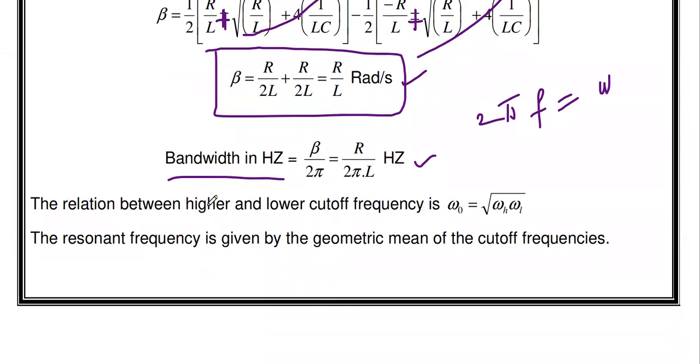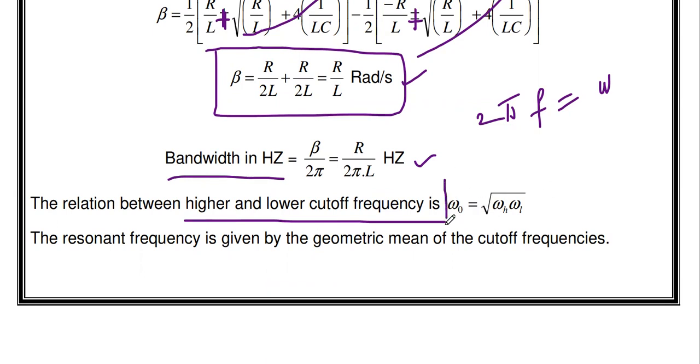And the next one: what is the relation between the higher and lower cutoff frequencies? One more relation: the resonant frequency omega naught equals the square root of omega h into omega L. If you multiply the higher cutoff frequency and lower cutoff frequency and take the square root, we get the resonant frequency.